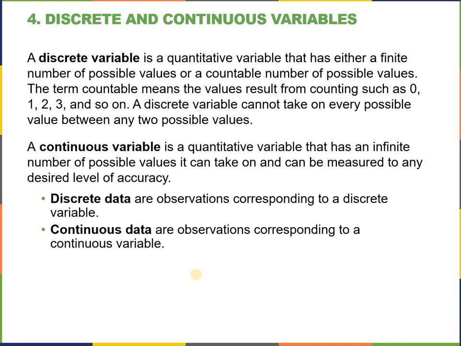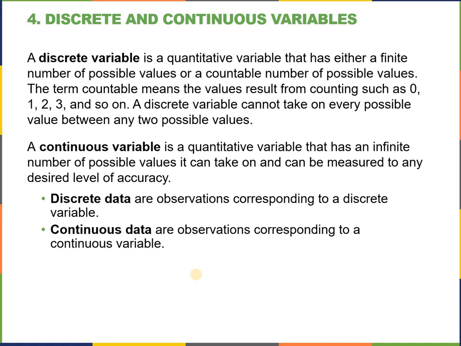A continuous variable, on the other hand, is a quantitative variable that has an infinite number of possible values. It can take on decimals, you can say. So it's not countable, 1, 2, 3, 4. It can take on values in between those. For example, if I asked you how many grams of carbs do you eat per day, you're going to say maybe I eat 120.5 grams of carbs per day.